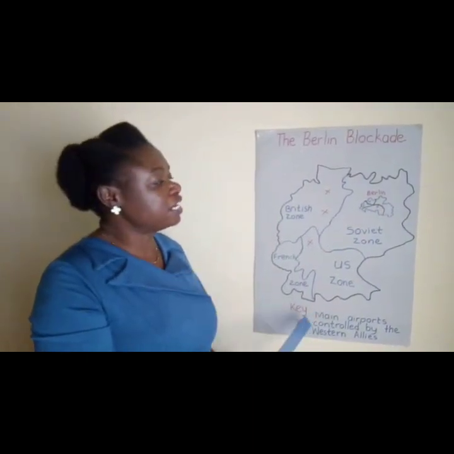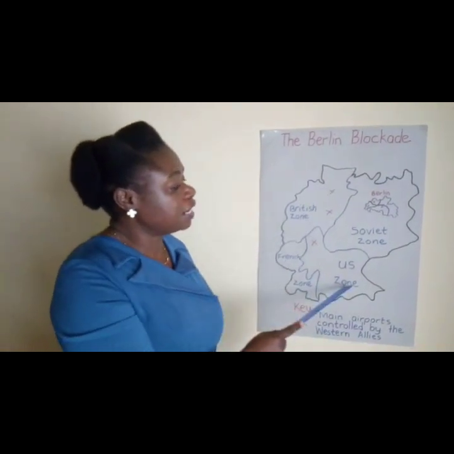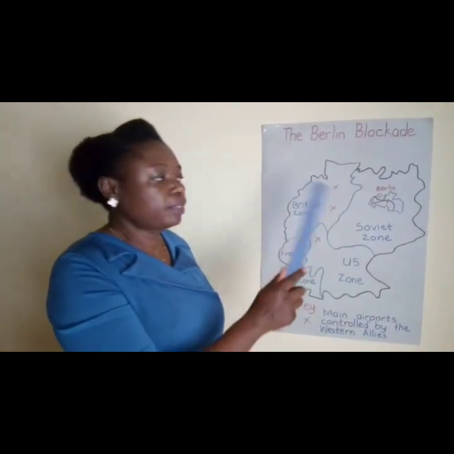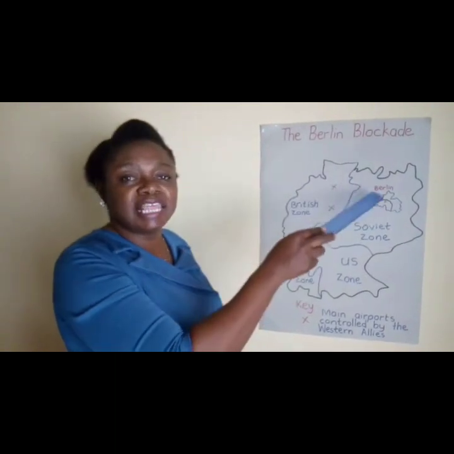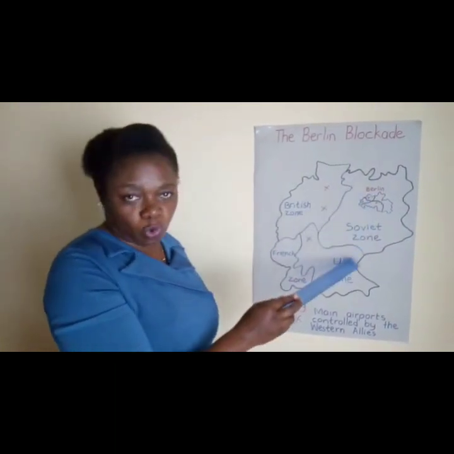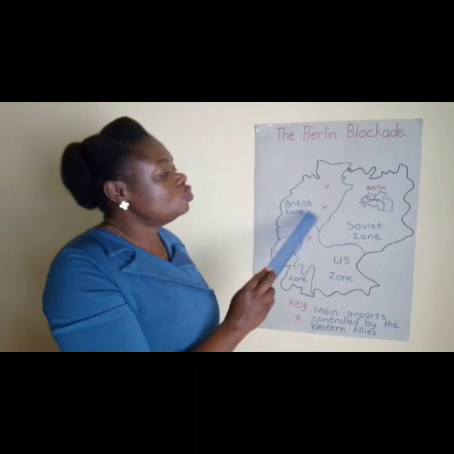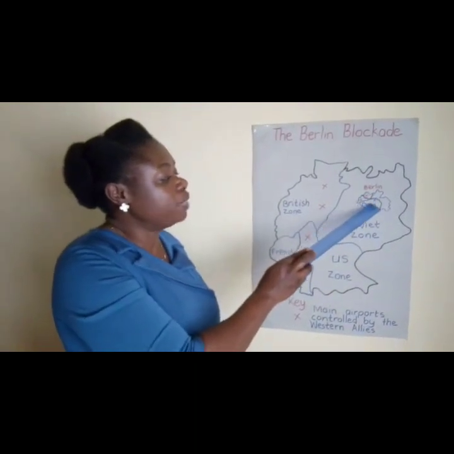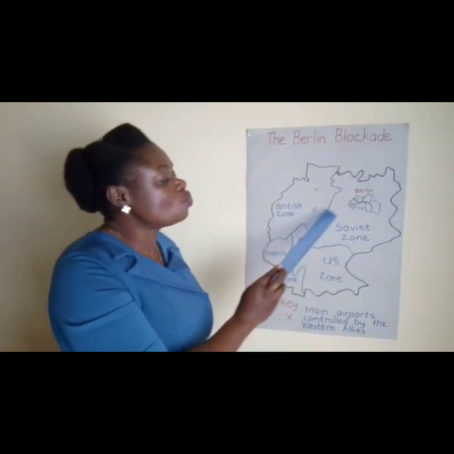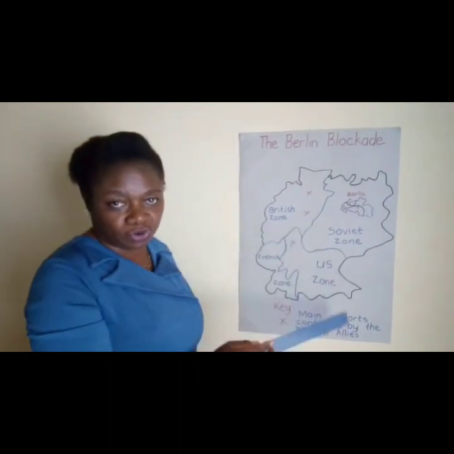So the disadvantage for the Western powers was that Berlin was found right in the heart of the Soviet zone. So for them to reach their part of Berlin, they had to pass through Soviet territory.